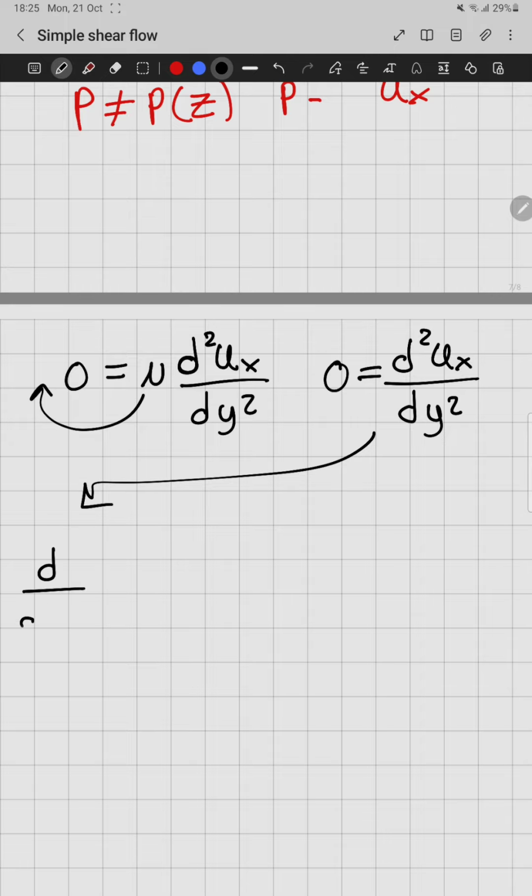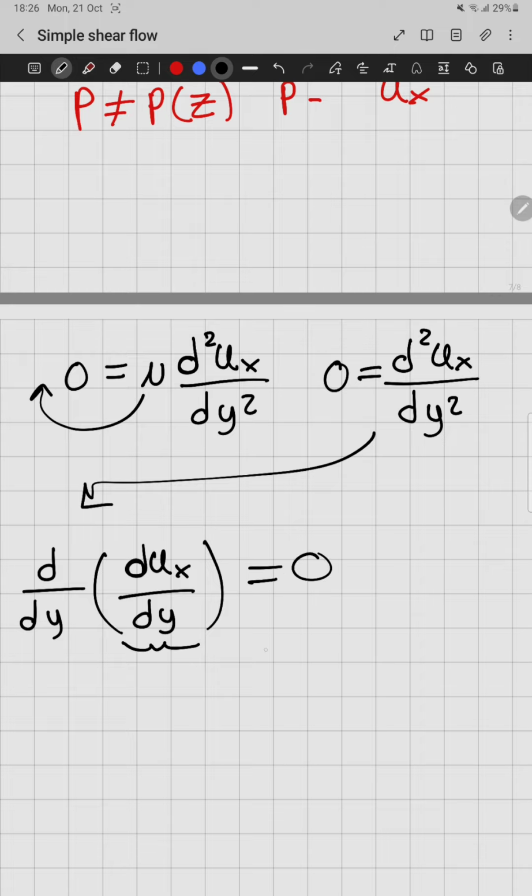So you will agree with me that this equation can be expressed as this. If the derivative of something is equal to 0, that means that this something has to be equal to a constant.